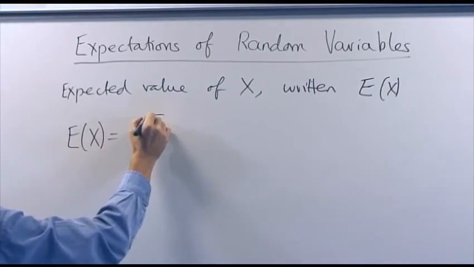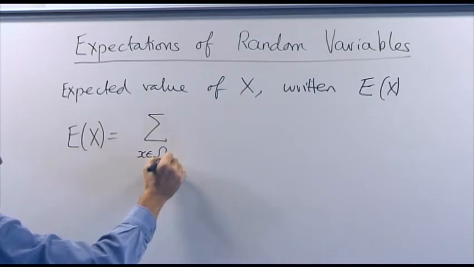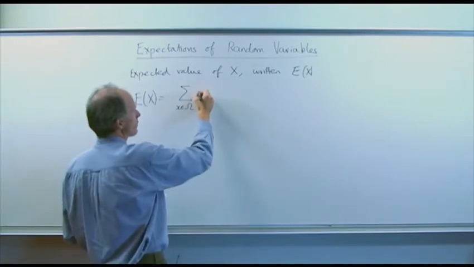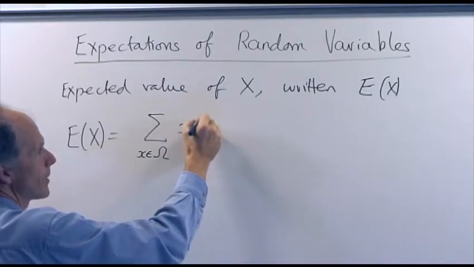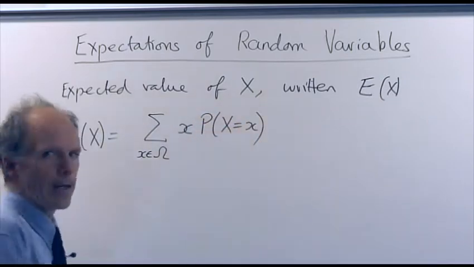We take a sum over all values in the sample space. And now we multiply each possible value by the probability the random variable takes that value.